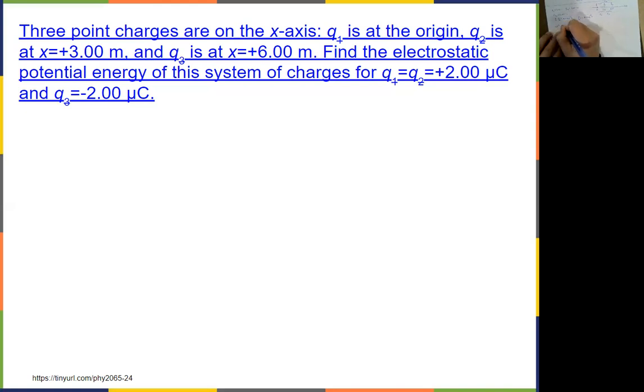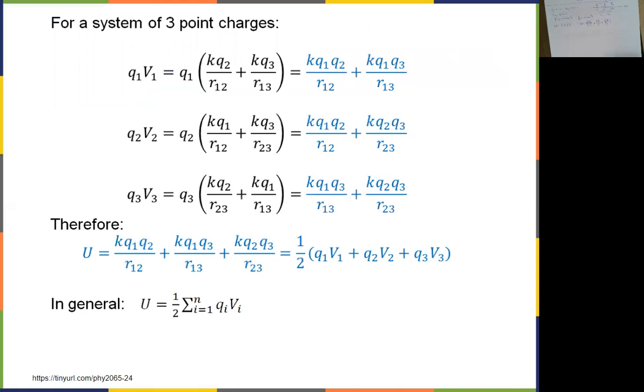So in general, U is equal to one half of the summation over i of QiVi, or U is equal to k times Q1Q2 over R12 plus Q1Q3 over R13 plus Q2Q3 over R23.